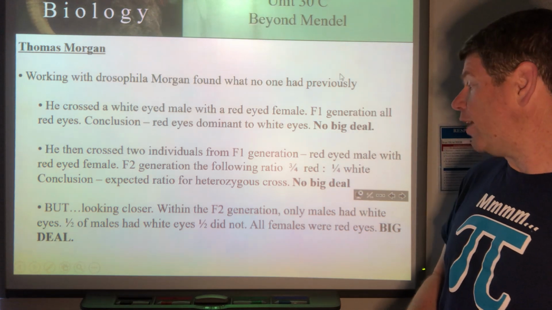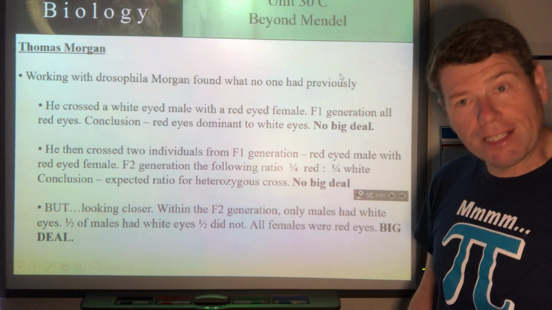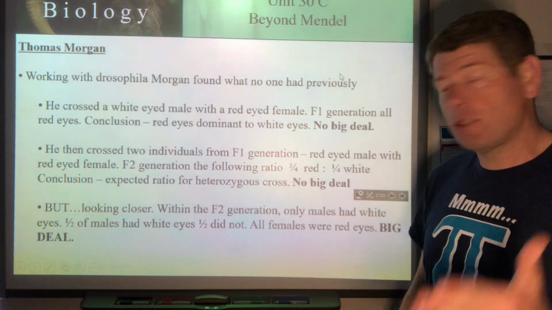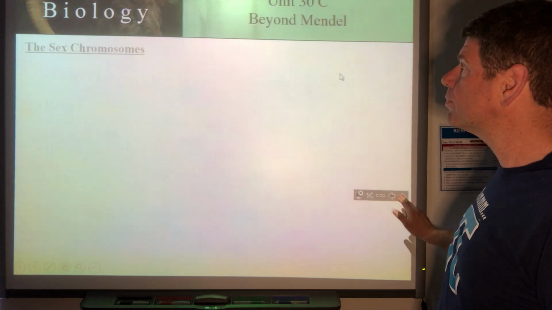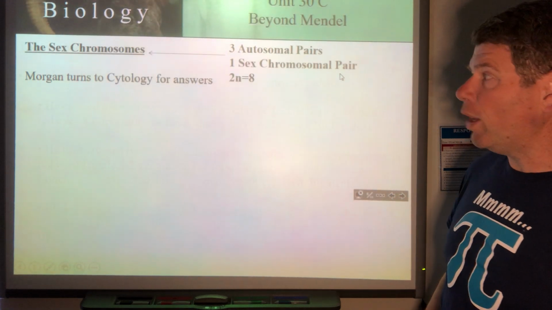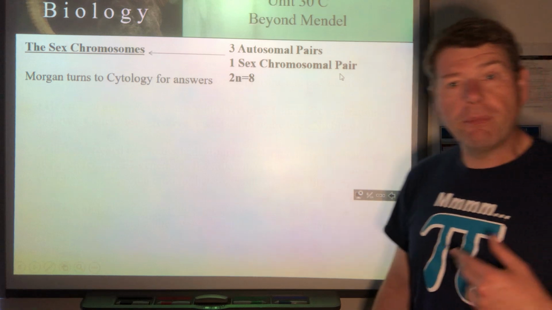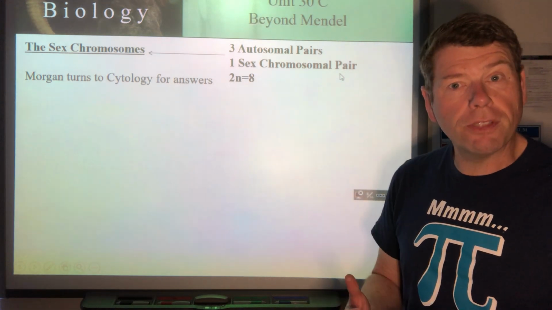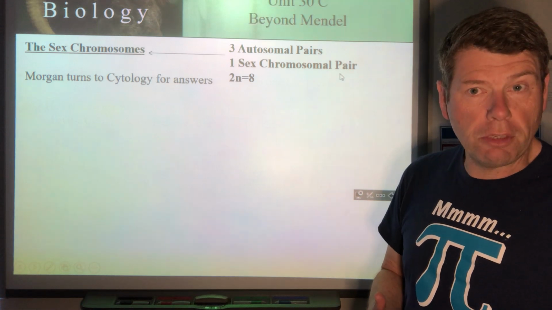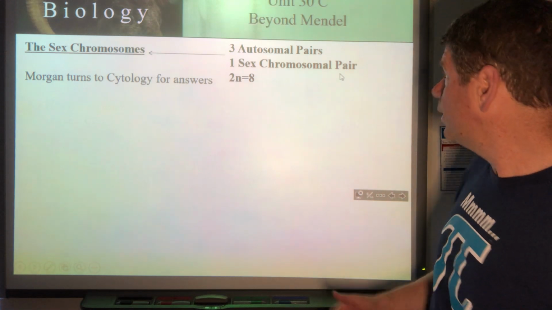All the females had red eyes. That was a big deal because it was not expected. So what was the conclusion? Morgan believed that the sex chromosomes must have been involved, since only males seemed to be affected with the recessive trait.